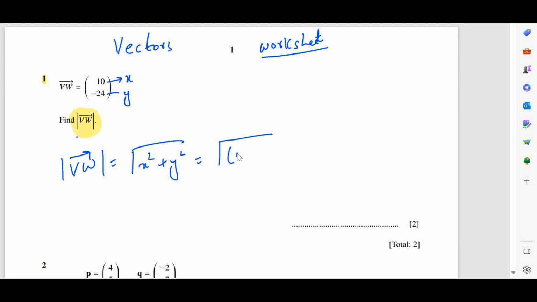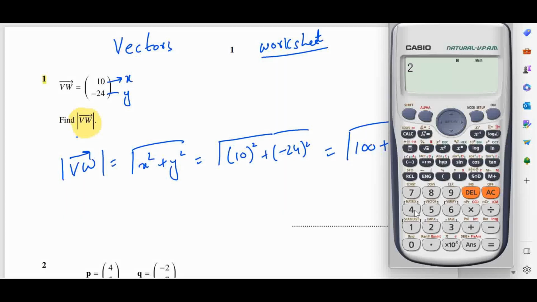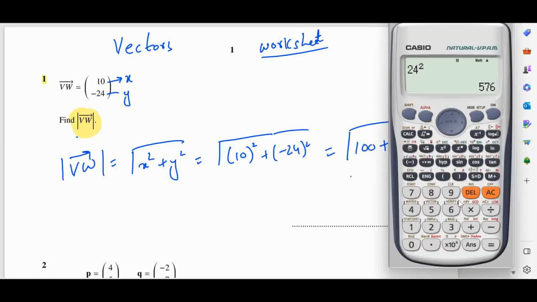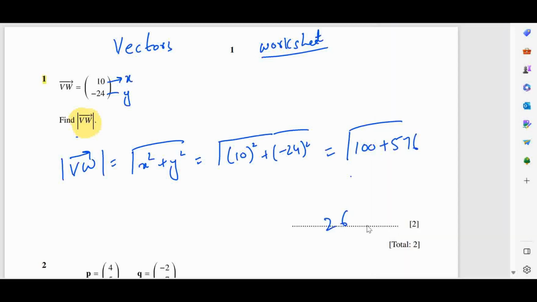Here the x coordinate is 10 and the y coordinate is minus 24. So this will be 10 square is 100 plus 24 square is 576, and if we add it with the 100 and then take the square root, the final answer will be 26. So this will be the final answer.